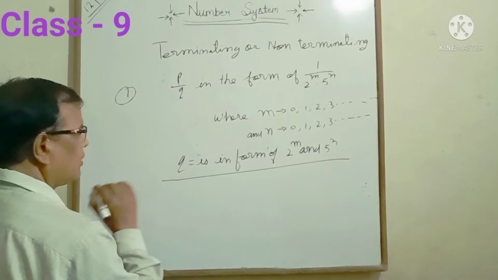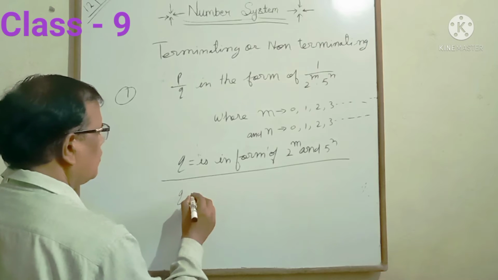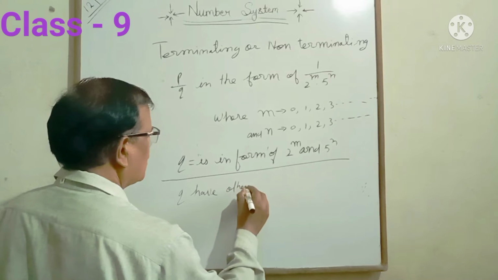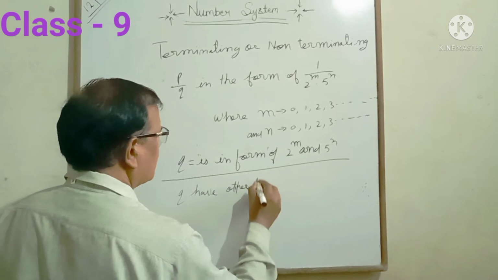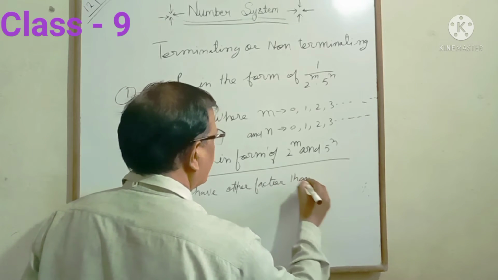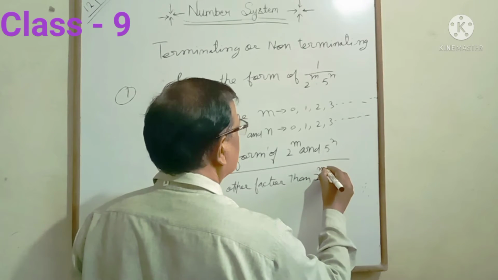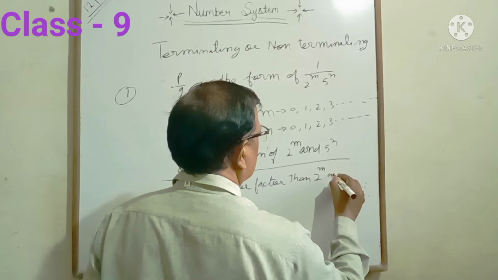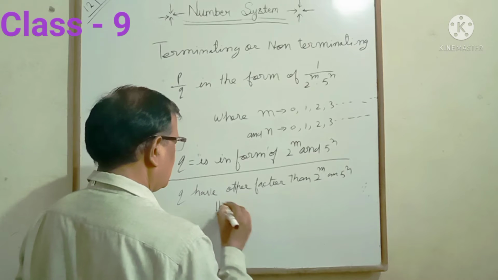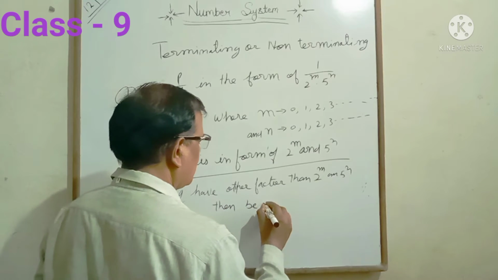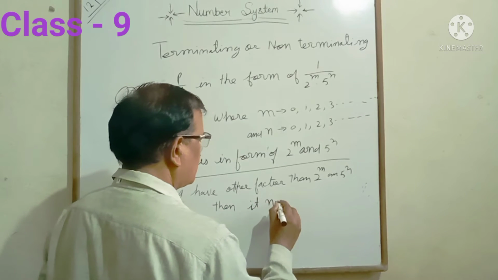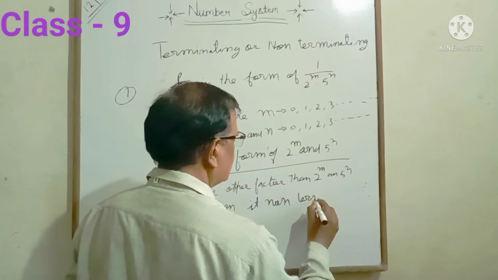If q has any other factor than 2 to the power m and 5 to the power n, then it will be non-terminating.